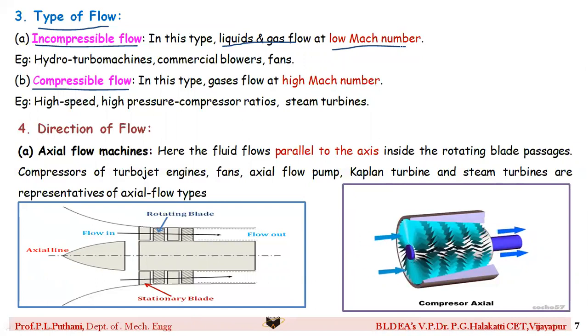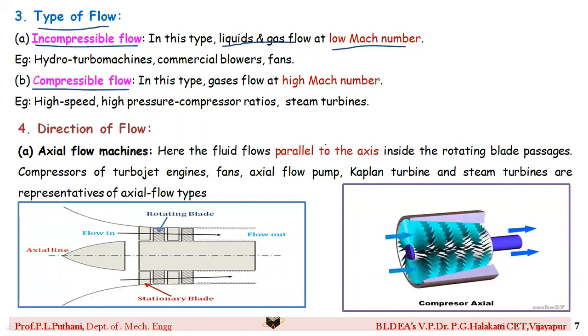Examples for those cases are hydro turbo machines, commercial blowers, fans, etc. Generally, if the value is less than 0.8, it is a low Mach number.